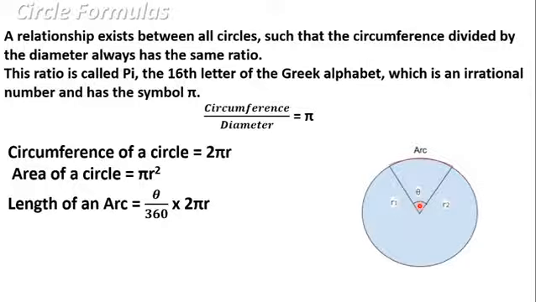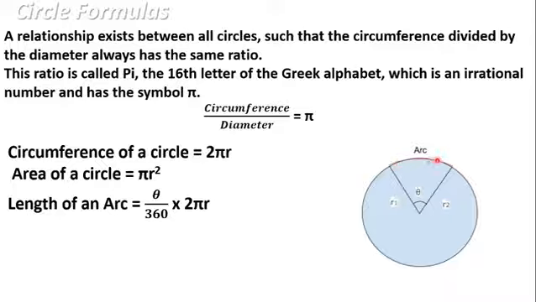Of course, these are radii. Remember, the radius of a circle would be equal in any direction that you draw the line. So this radius here is the same value as this radius here, and it subtends an angle theta in the middle of the circle, and you have an arc right there.